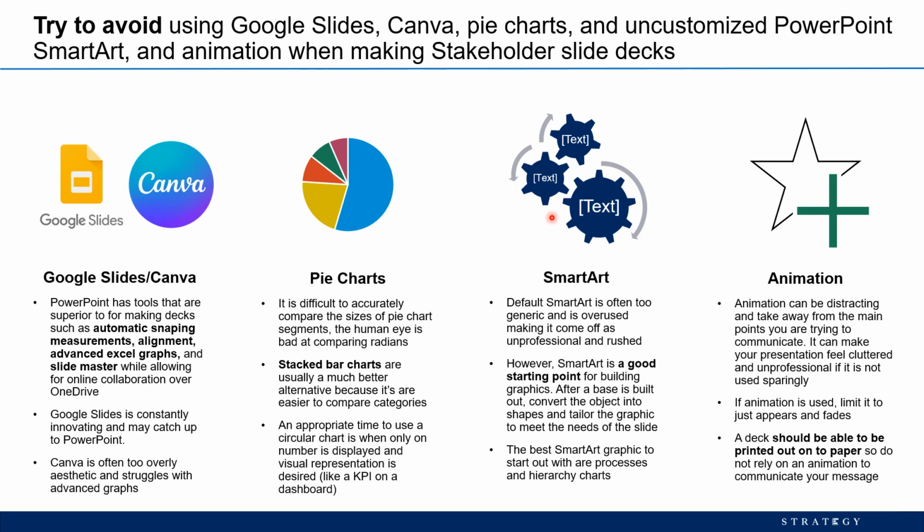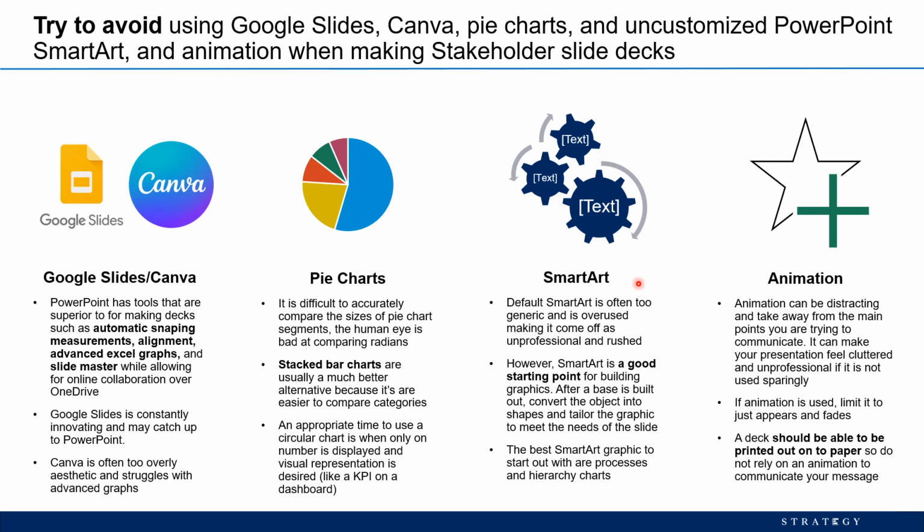I'll always start with smart art as a base, and then what I'll do is I'll right click, I'll convert smart art to objects, and then I'll manipulate those objects to better serve the purpose that I'm doing. So if you want to create graphics, I recommend starting off with using Smart Art as a base, but never leave it with default Smart Art.